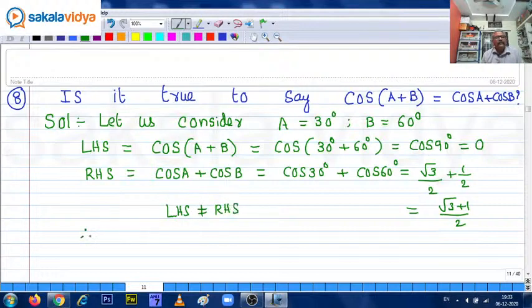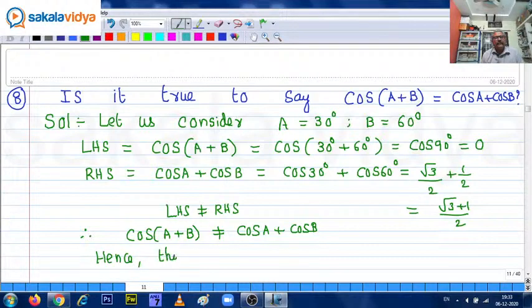So therefore cos of a plus b does not equal cos a plus cos b, which we should not say like this. Hence this statement is false.